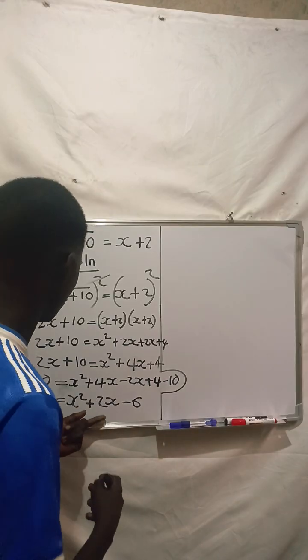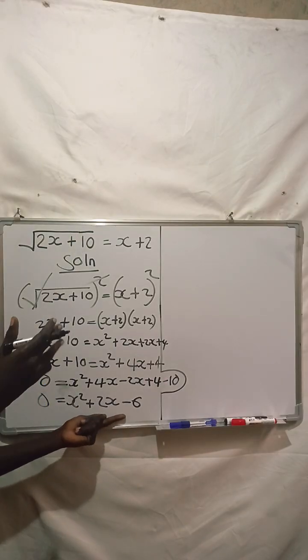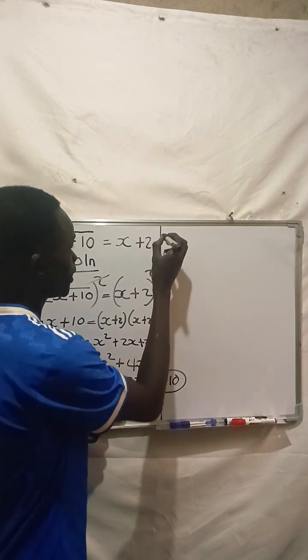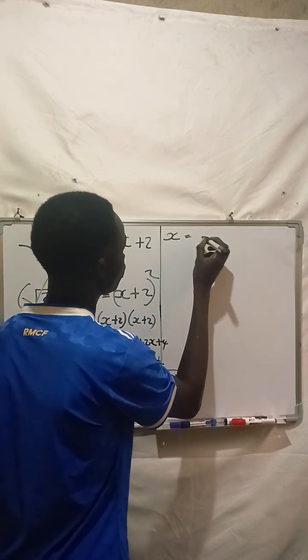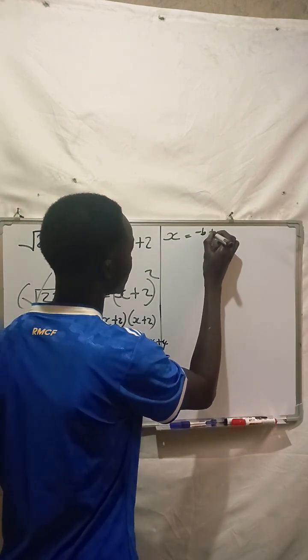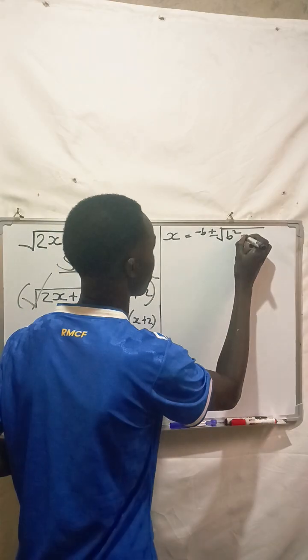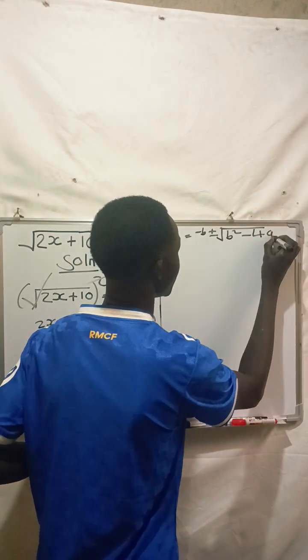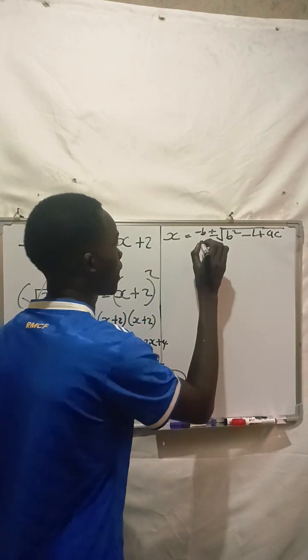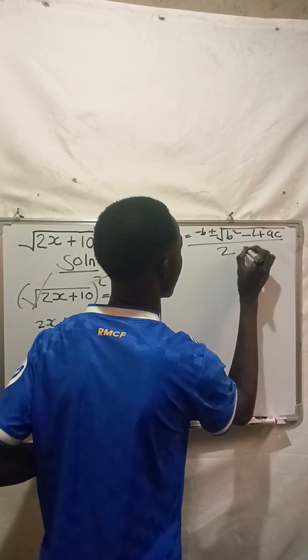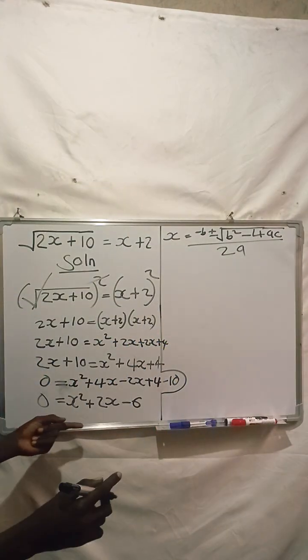All right, now let us solve it. I use the quadratic formula, which says x is equal to minus b plus or minus the square root of b squared minus 4ac, all over 2a.